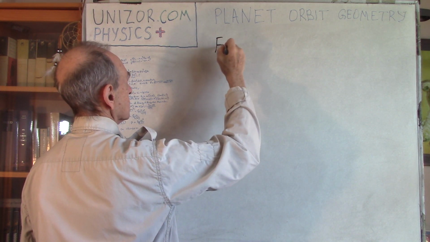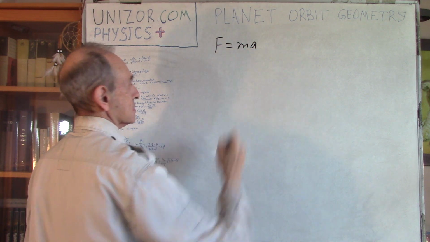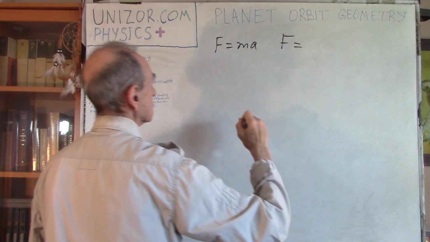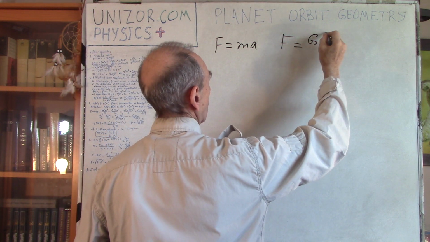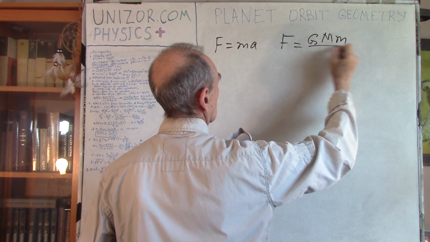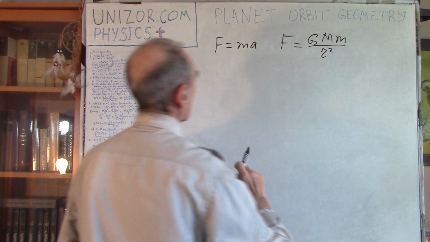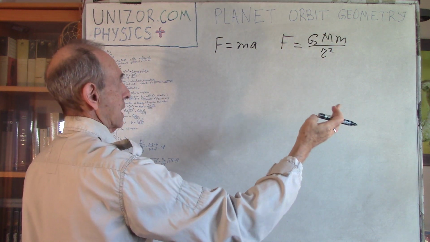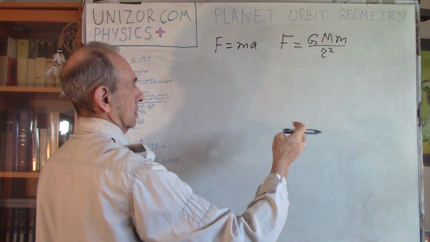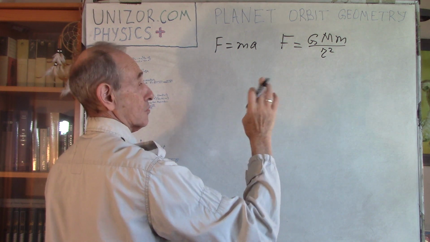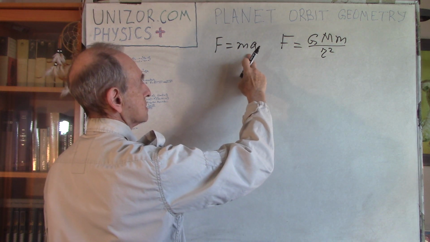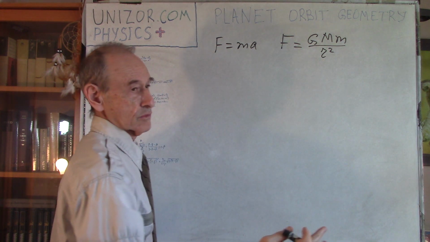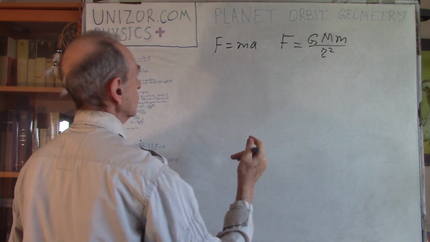First of all, this is Newton's second law, and secondly this is the universal law of gravitation, where m is the mass of our planet, capital M is the sun's mass, G is the universal constant, a very small one by the way, a is the centripetal acceleration of the planet, and r is the radius of rotation. So we do have this.